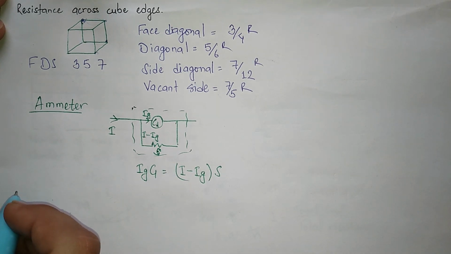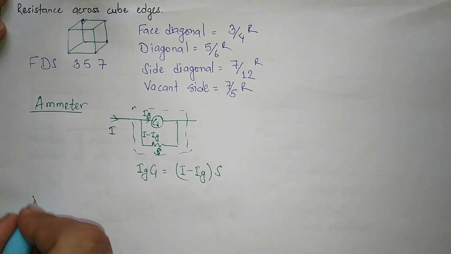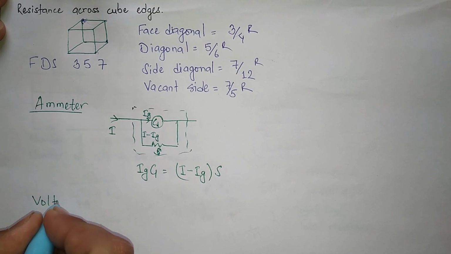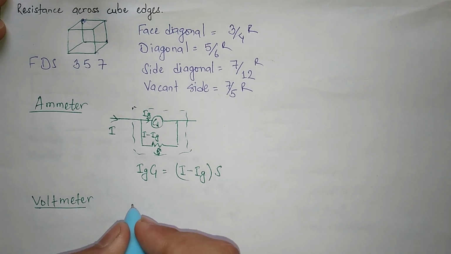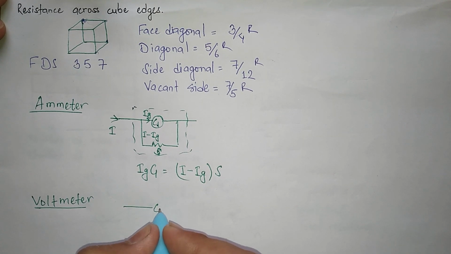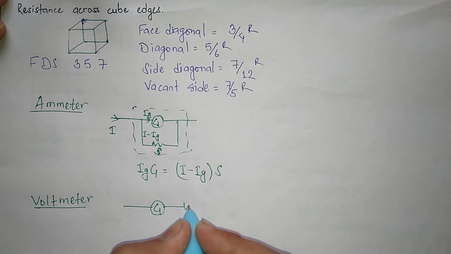So now the voltmeter. A voltmeter means connecting a high resistance in series.